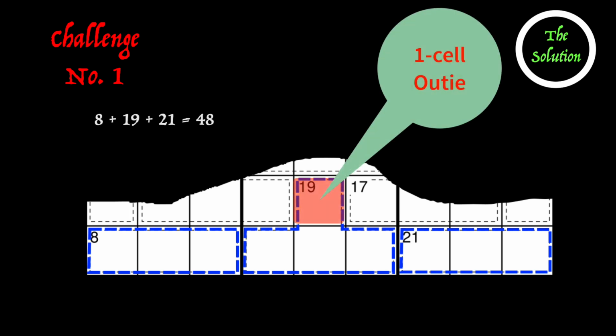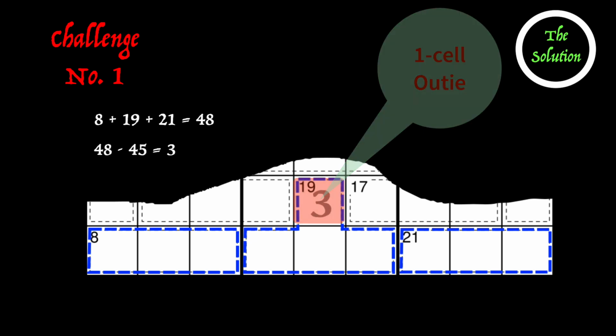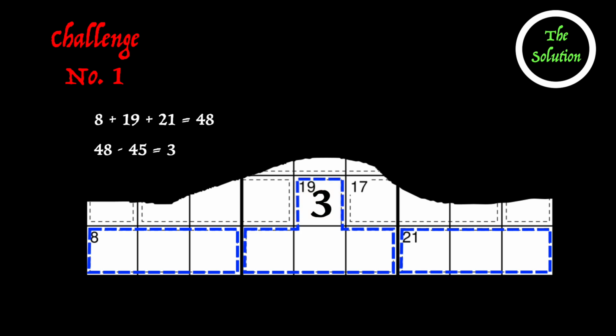Now, the totals of these cells, 8, 19, 21, that comes to 48. And using the 45 rule, you'll see that 48 is 3 more than 45. So the difference there is 3. So a 3 goes in that single cell outie.